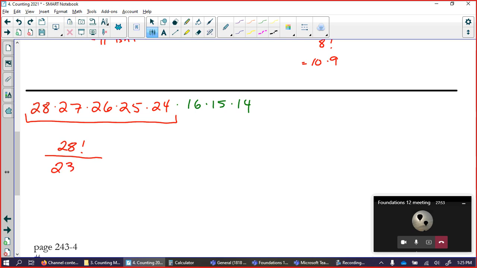Well, 1 less than 24 is 23. I can do essentially the exact same thing with the other bit. I start at 16. What number is not there? 13. And that's how you would write a string of numbers as a factorial.